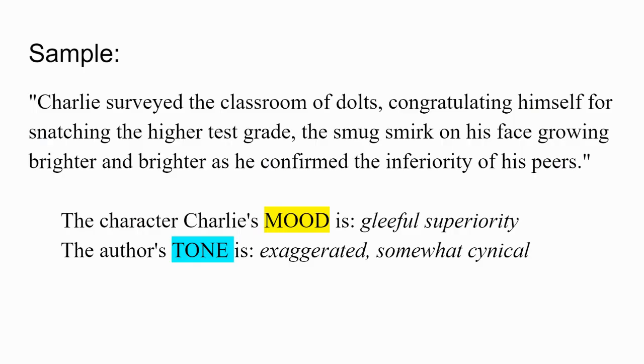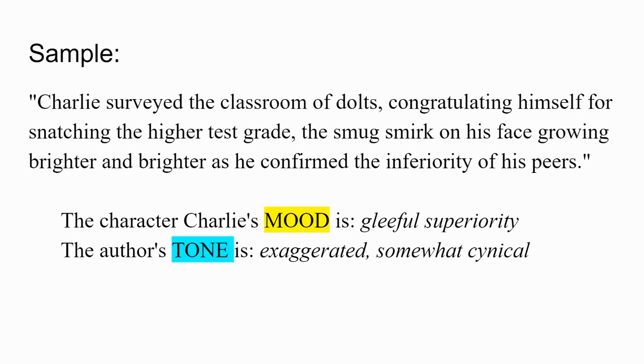Here's a sample. If the passage from the literature says, "Charlie surveyed the classroom adults, congratulating himself for snatching the higher test grade, the smug smirk on his face growing brighter and brighter as he confirmed the inferiority of his peers." If we're talking about mood, we can tell that the writer here is trying to set a gleeful mood.